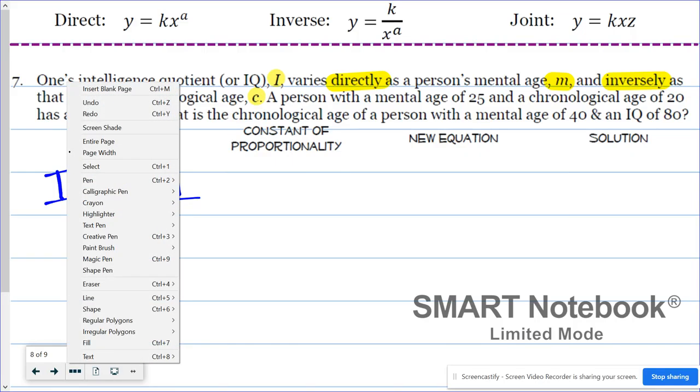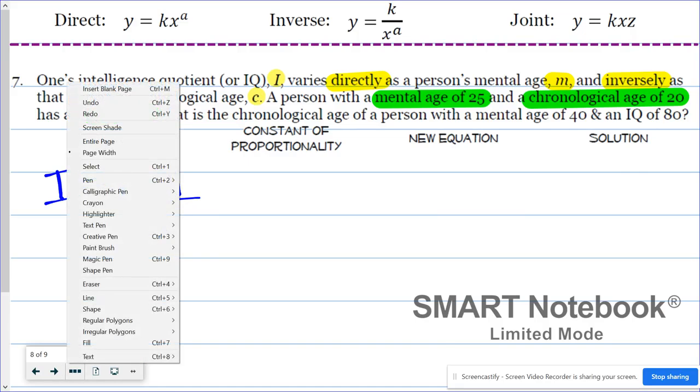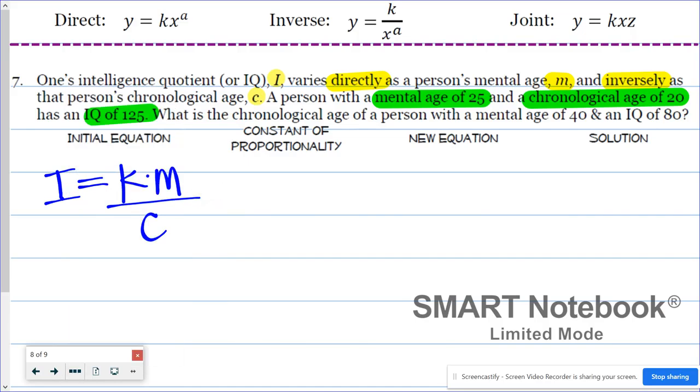Now we're ready to find our constant of proportionality. So it says a person with a mental age of 25 and a chronological age of 20 has an IQ of 125. So we're going to substitute all those values in. So we know that our IQ is 125 equals K times M is 25 and C is 20.